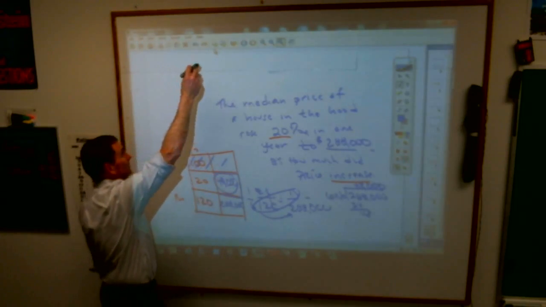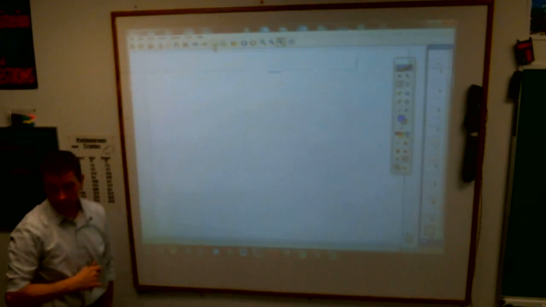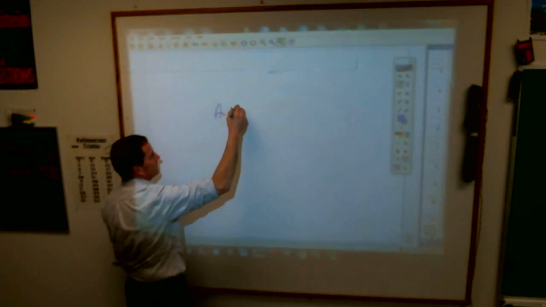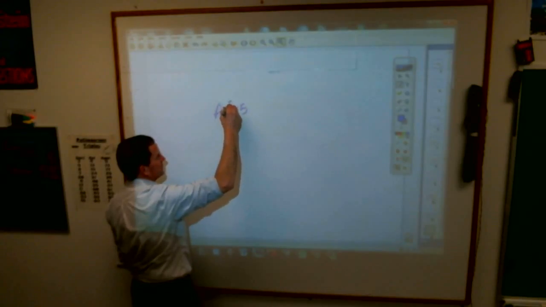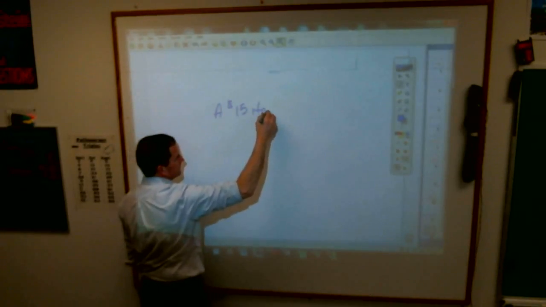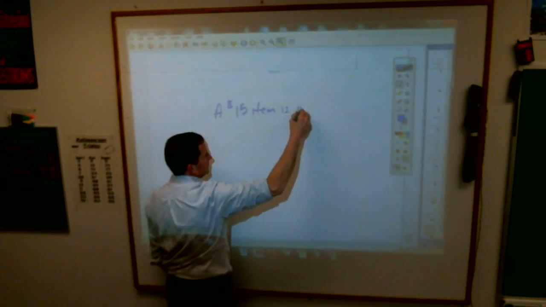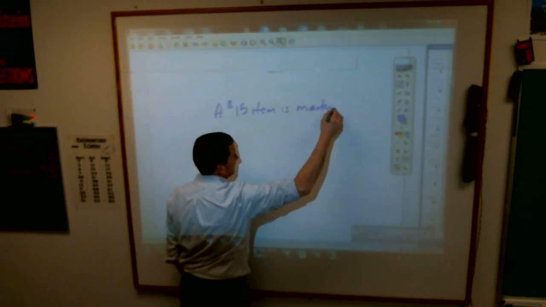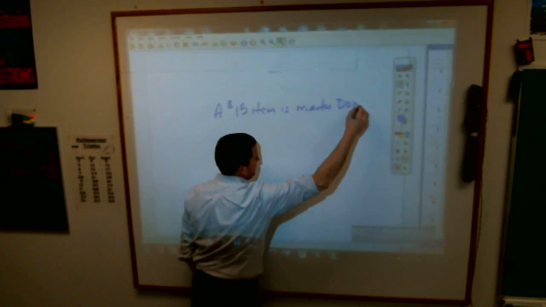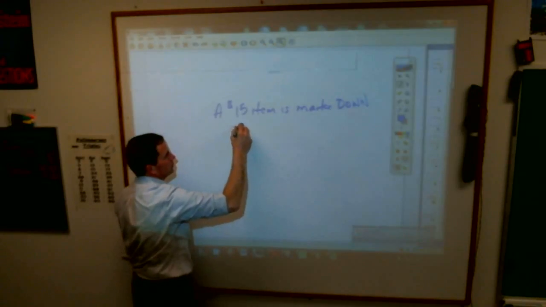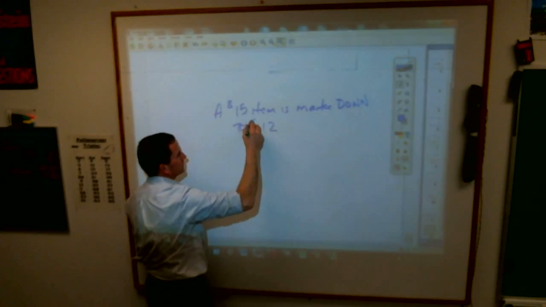I will give you one to try because this is kind of important for you to get. Here we go, this one here. A $15 item is marked, emphasis on the word, down to $12.